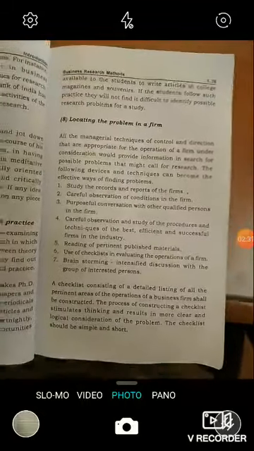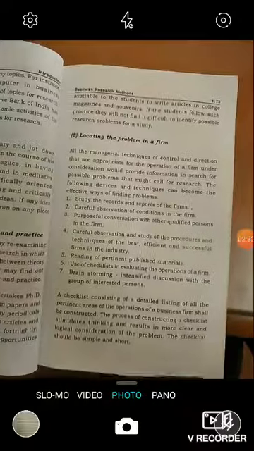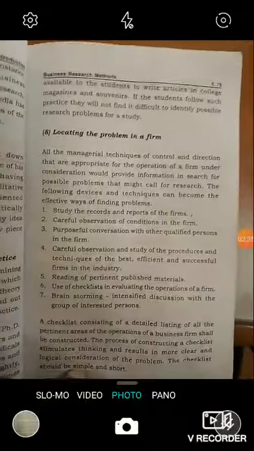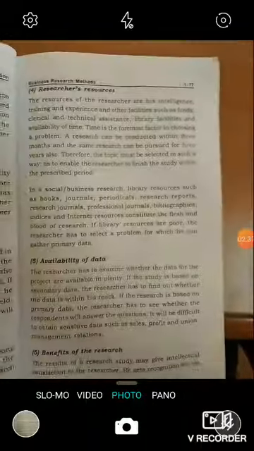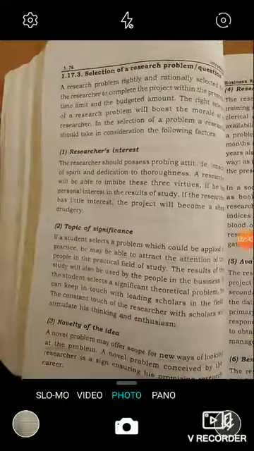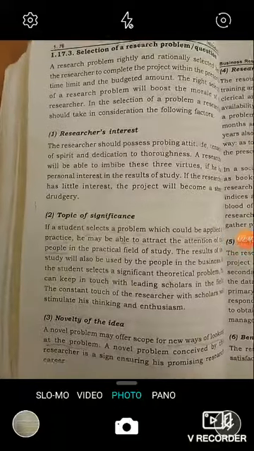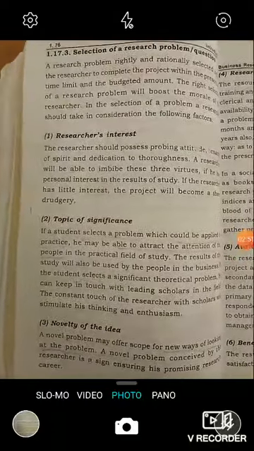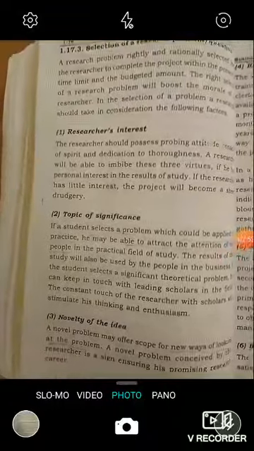The problem may come out from any part of the organization or any department of the organization. So these are different sources of identifying problems. So as a researcher, he or she can select a problem based on these constraints.